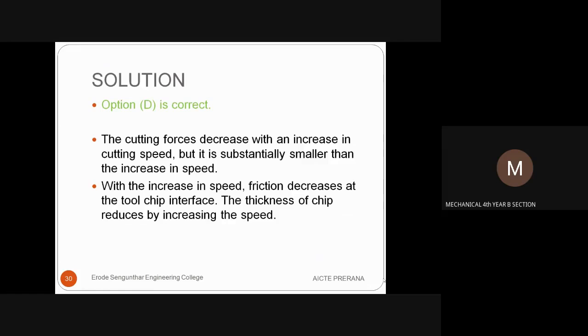When the speed increases, the friction also gets reduced, because the contact area is very small, so there is no possibility for friction to increase. The thickness of the chip reduces by increasing the speed, so there is no friction. This results in tool life being enhanced, right?